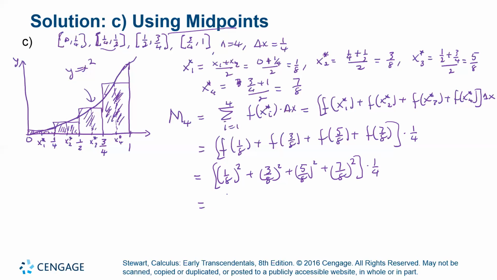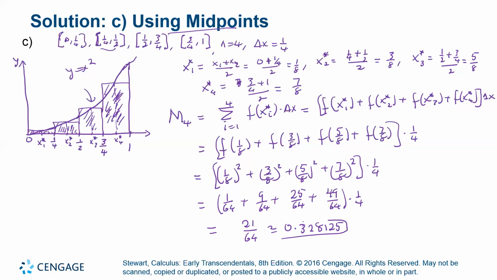Okay, 1/8 squared is 1/64 plus 9/64 plus 25/64 plus 49/64, times 1/4. Okay, so if you evaluate that and simplify, you get 21/64, which is approximately 0.328125.